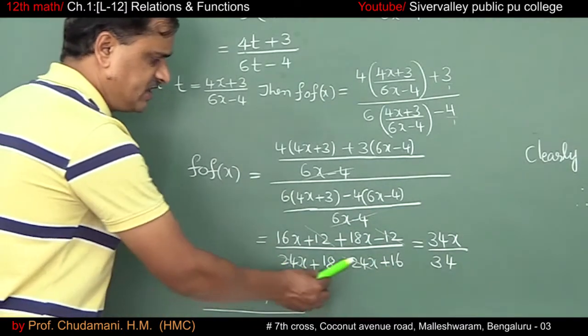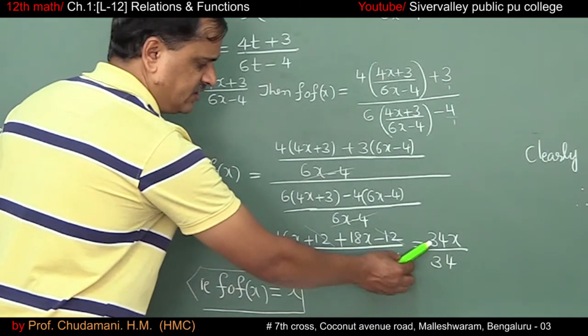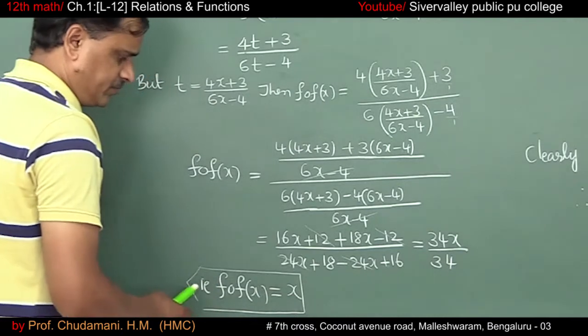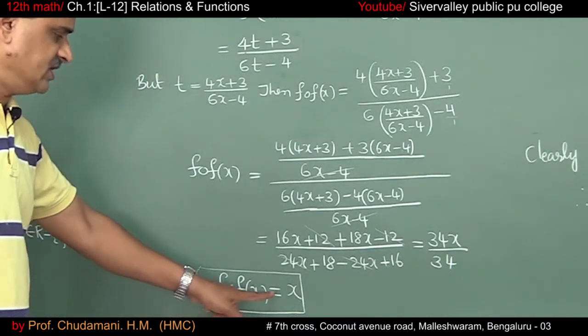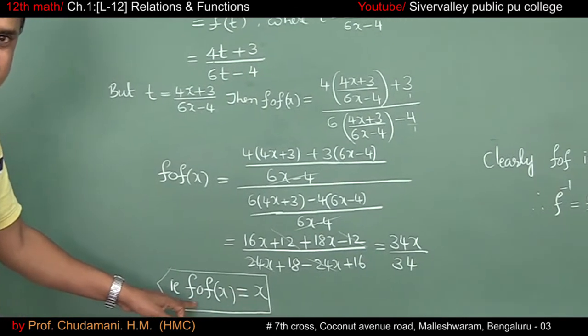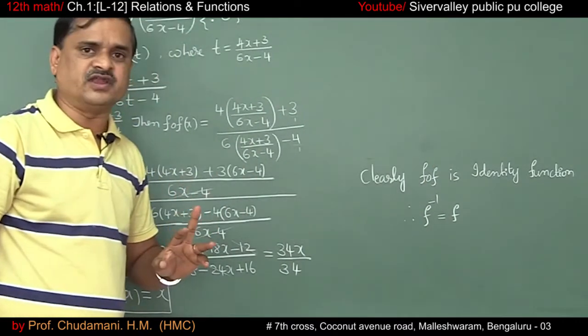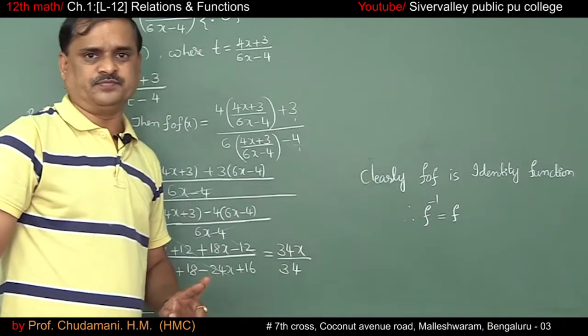Here minus 24 and plus 24 gets cancelled. 16 plus 18 is 34x divided by 34. So we are left with x. f composition f is x only. So clearly it is an identity function. Therefore inverse of f is f only.